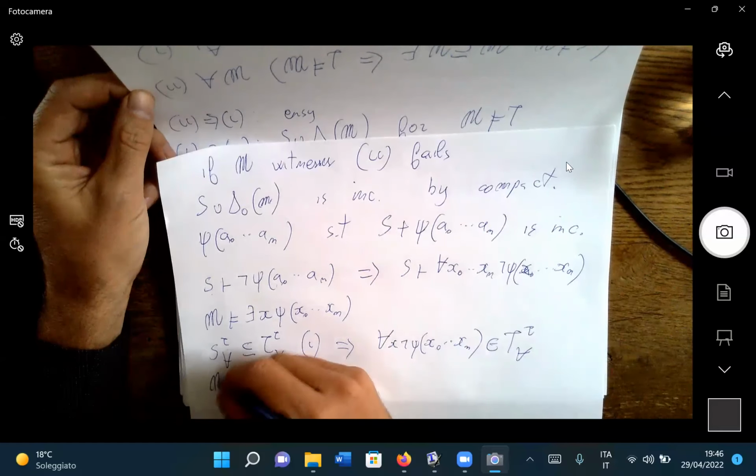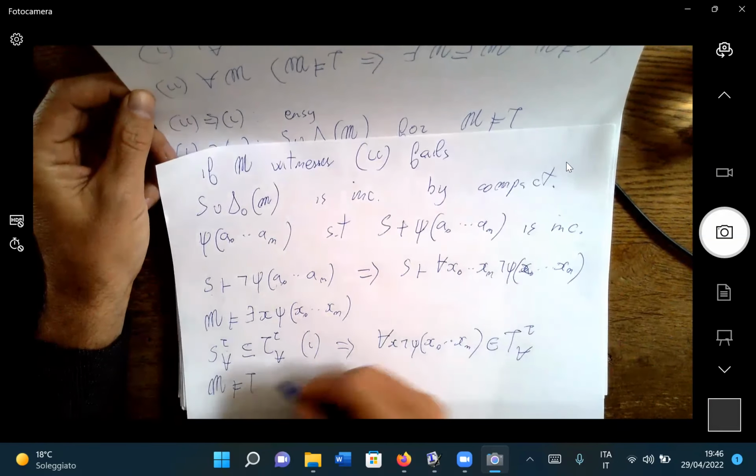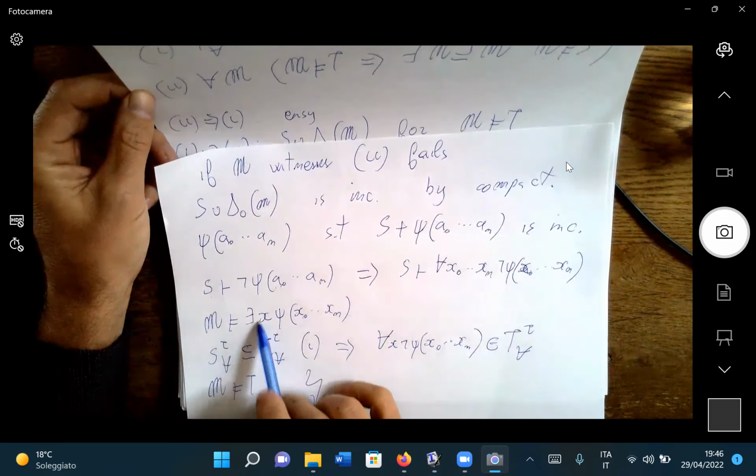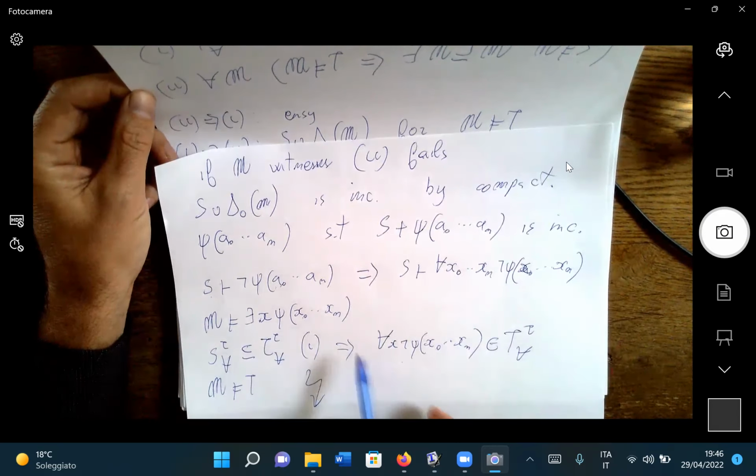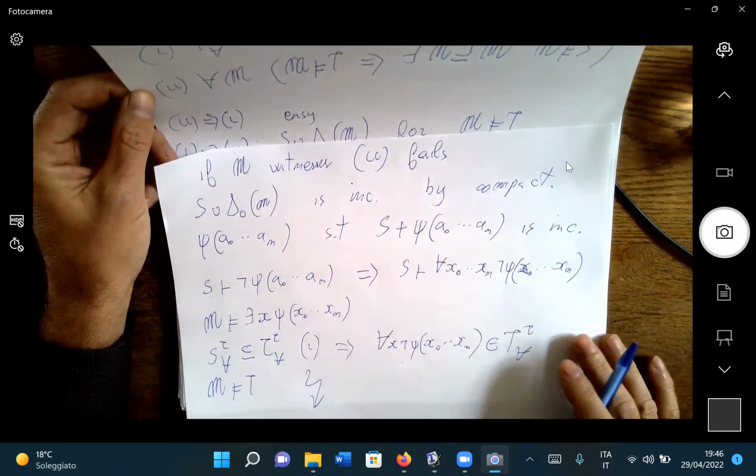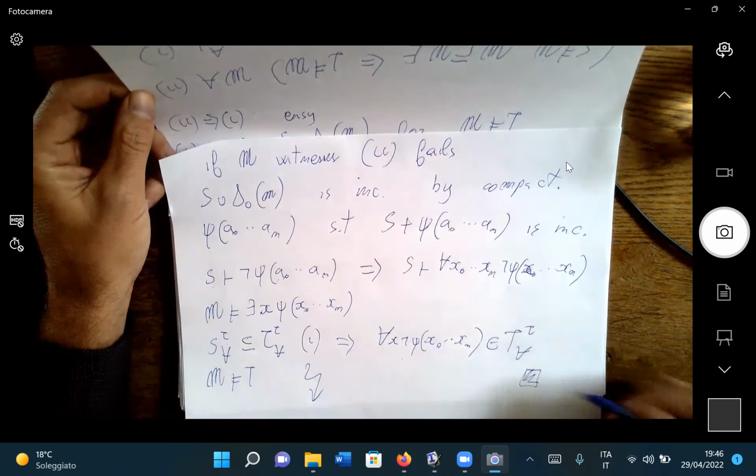But M models T, and we get the contradiction because it models this sentence, and they're clearly incompatible. Okay, so this is the argument.